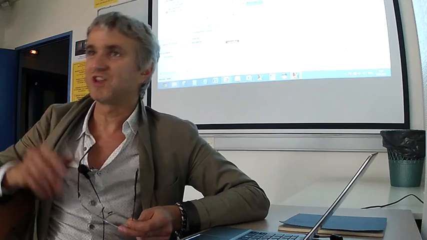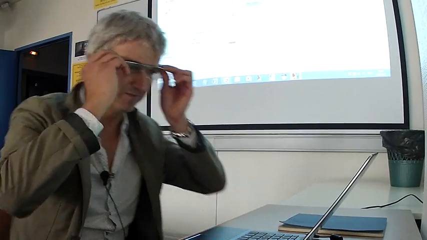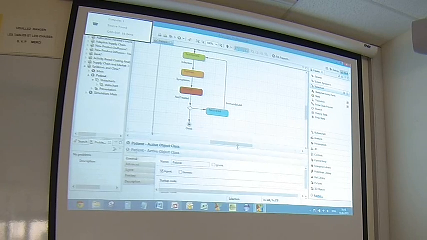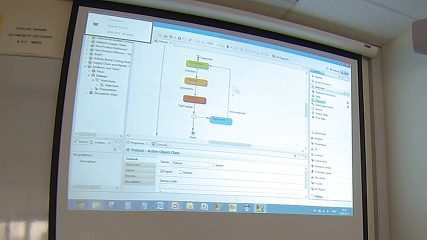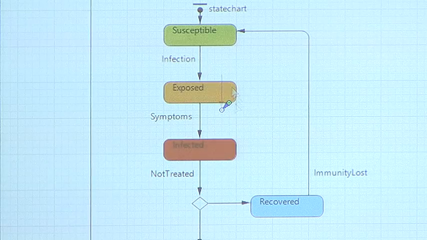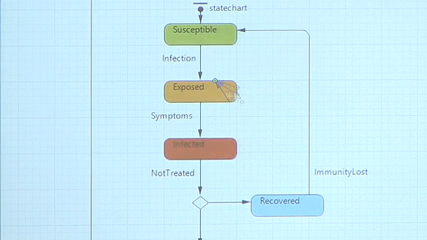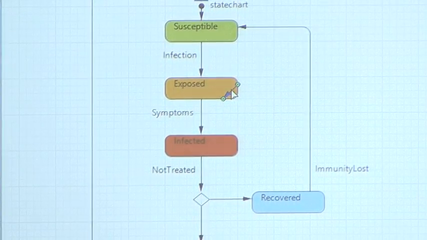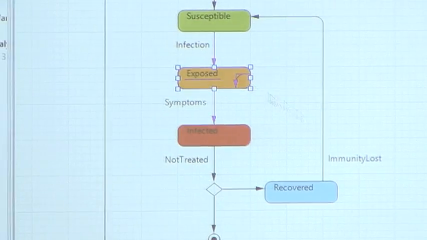In both states, the person is infectious, but the difference is that before you discover symptoms, you are actively contacting other people. After you discover symptoms, you're less frequently contacting other people. So, contacts is some activity which goes on inside the state. We call it internal transition.